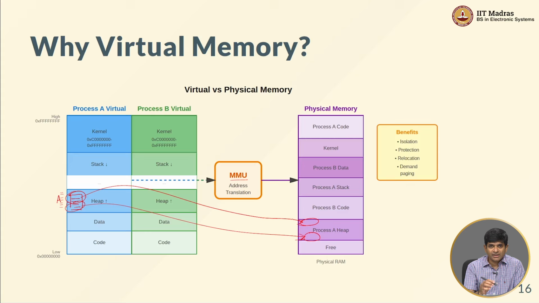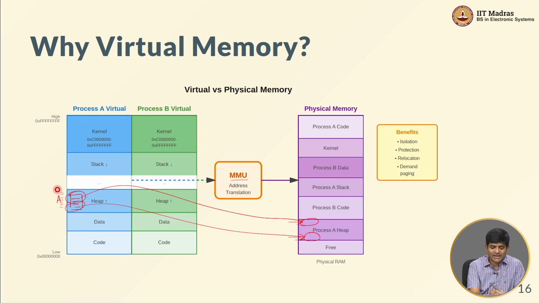It is a completely transparent way by which this chunk and this chunk can be made to look as though they are adjacent to each other, even though there is a gap in between them. So this is an example of what we would call contiguous in the virtual space but non-contiguous in physical memory. Now that's not good for DMA, because DMA is always dealing directly with physical memory.